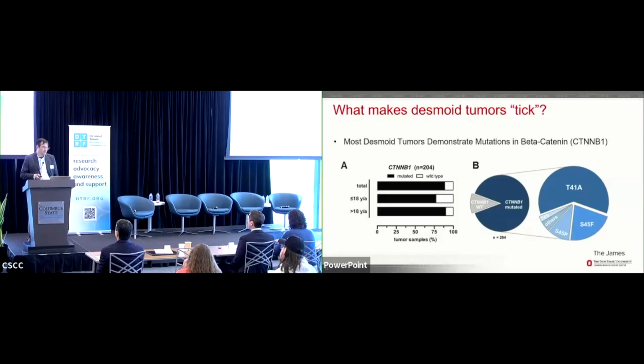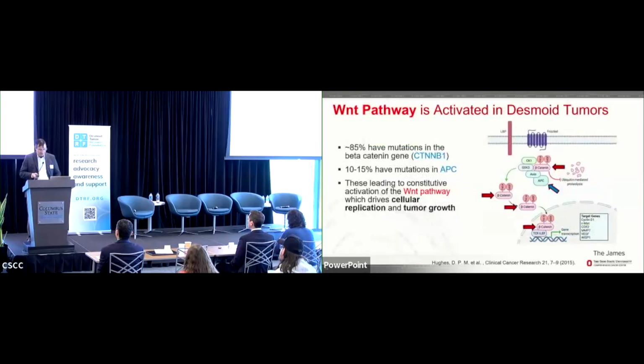As Dr. Tinoco said, there's not going to be a quiz on them, but T41A, S45F. There's been a lot of research in terms of what is the significance of these mutations. What do we know about these mutations? It makes the beta-catenin very hard for your body to break down. So it starts to build up within cells. And the more beta-catenin you have in a cell, the more the cell will grow.